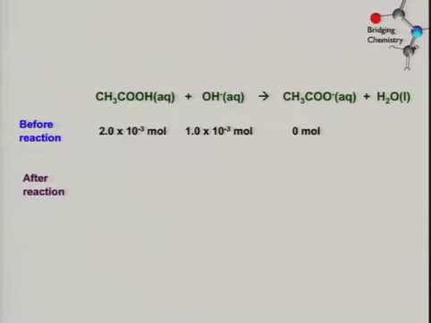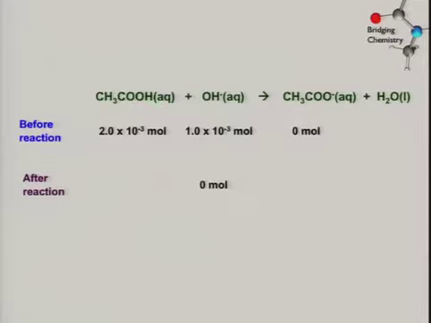Be bold. 0 moles. 0 moles, right? Because it fully reacts, and it's the limiting reactant in this reaction, yeah? Because of the 1 to 1 to 1 to 1 mole ratio, you need the same amount of ethanoic acid as there is hydroxide for complete reaction, and there's less hydroxide than there is ethanoic acid. So the reaction will happen until the hydroxide runs out, and then it will stop. And so at that point, there's going to be no hydroxide left, right? So we can write a 0 there.